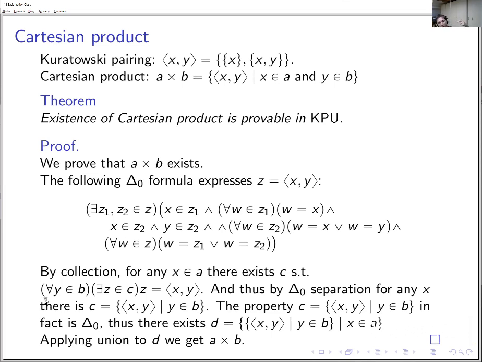Now, applying collection to the set B, we fix some X in A, and then by collection for Y in B, there exists this set C that contains all the pairs where the first component is this fixed X, and the second component is an arbitrary Y from the set B.